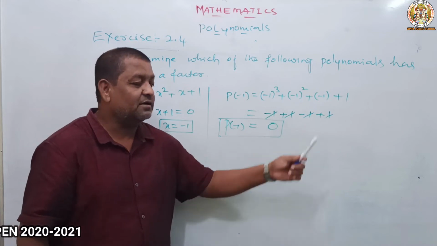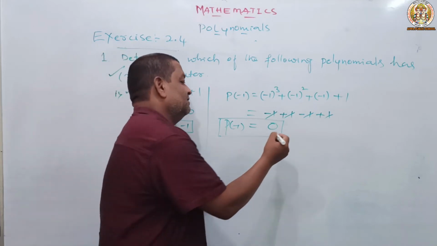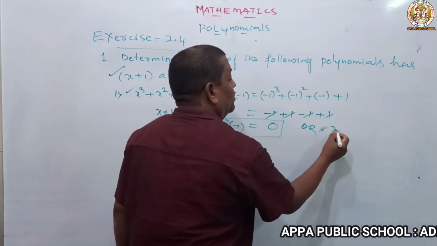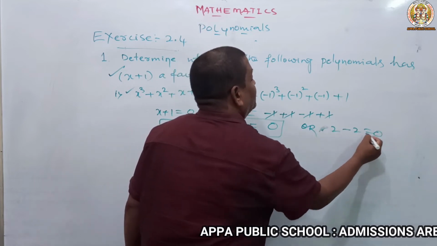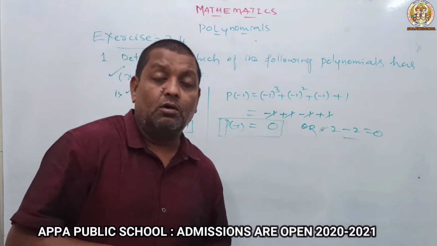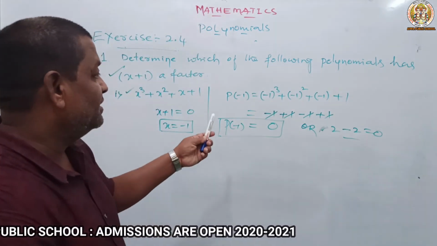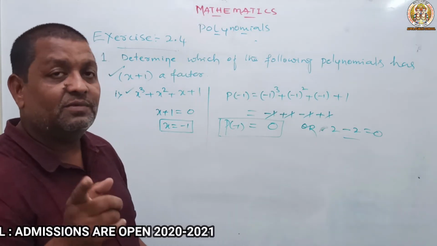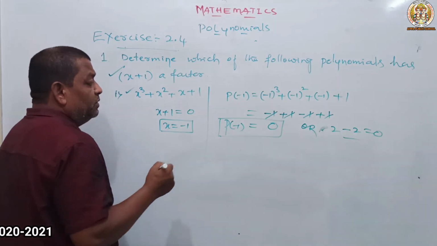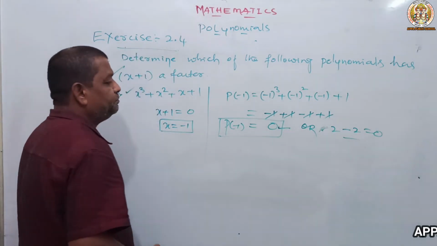Or you can write it like plus 2 minus 2, that is 0. So like this, no problem. But we can understand it is called nullifies. Minus 1 plus 1 nullifies. Nullify means null, 0. Right. So we got remainder 0.